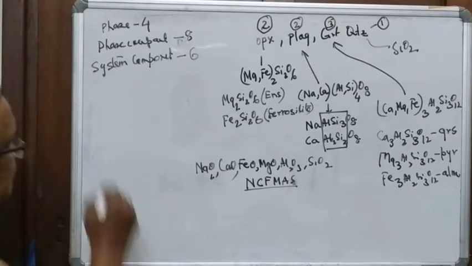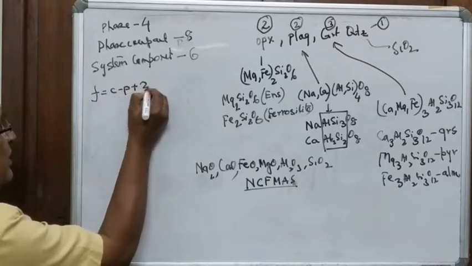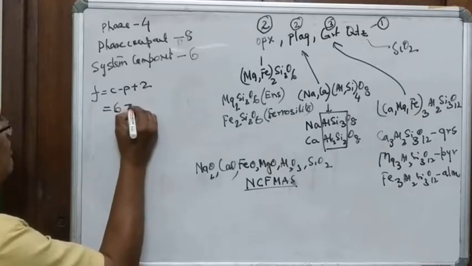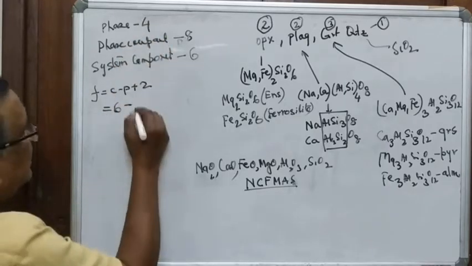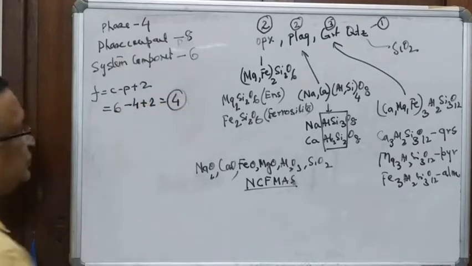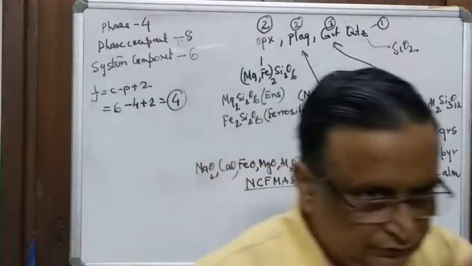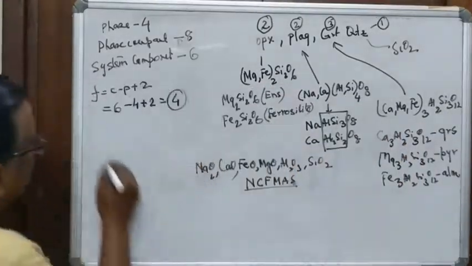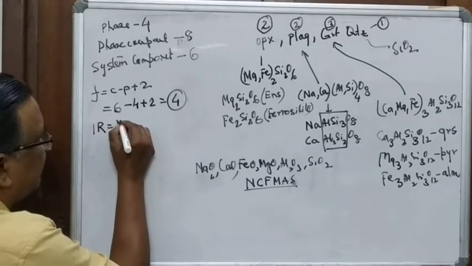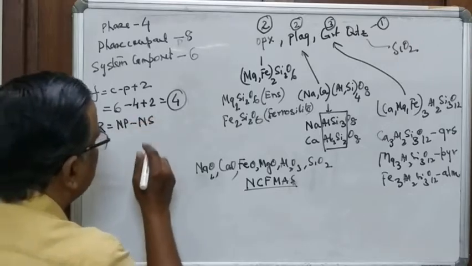Degree of freedom: F is equal to C minus P plus 2. Components are 6, number of phases is 4, plus 2, that's 4. So the degree of freedom is 4. Number of independent reactions is the number of phase components minus the number of system components.